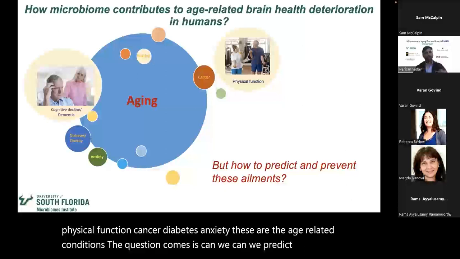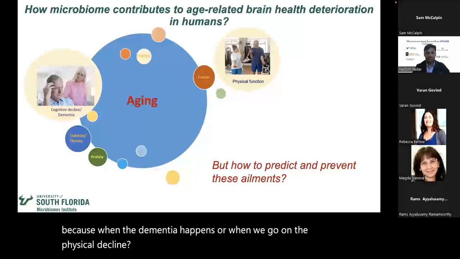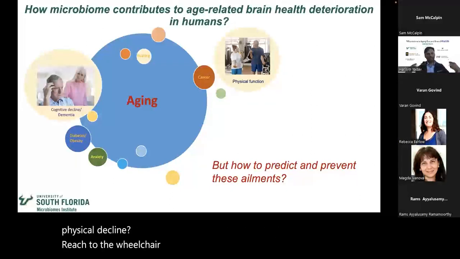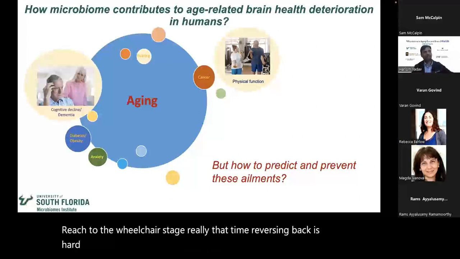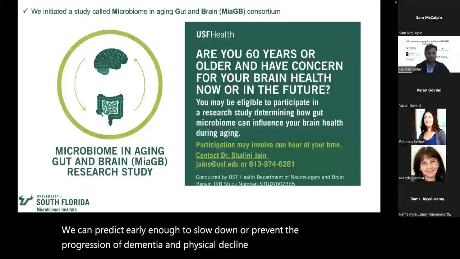Because when dementia happens or when we go through physical decline and reach the wheelchair stage, reversing back is hard. So is there any way we can predict early enough to slow down or prevent the progression of dementia and physical decline? That is so important.